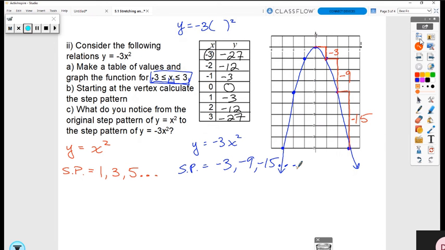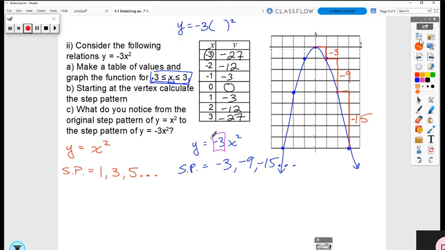What happened? How are these similar or different? Did you notice anything, Will? It multiplied each of the original step pattern members by negative 3. Yeah, and we can't be too surprised because we actually have a negative 3 as our A value.